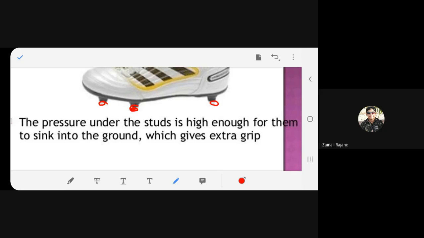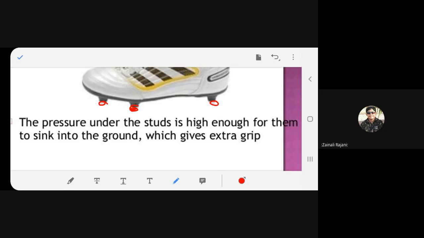So he can run faster than others, the ones who are not wearing the studs. The ones who are not wearing the boots with the studs will not have this much of grip as the person with studs have. So he has got more advantage than the ones who are not wearing the boots with studs.